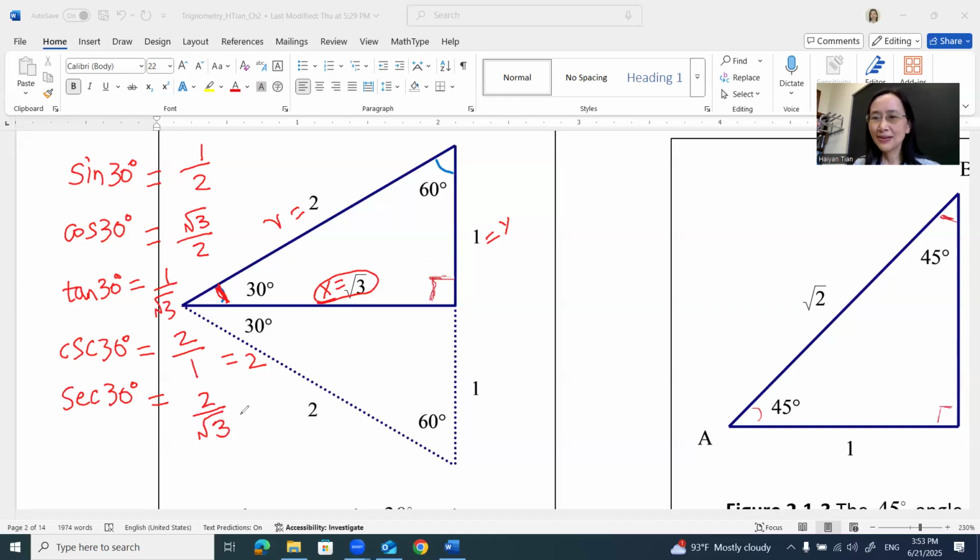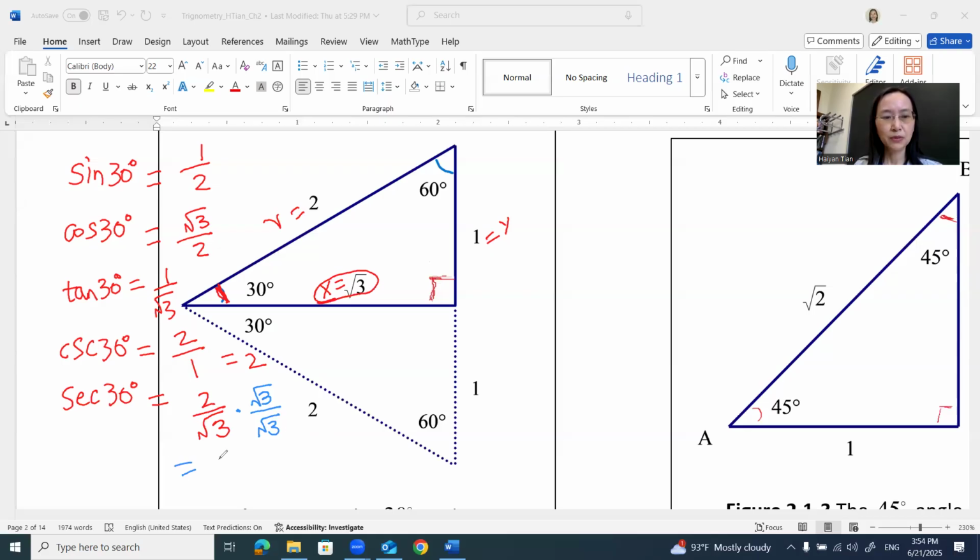So yes, the answer is 2 over square root of 3. If you do not like the irrational number in the denominator, what do we do? We can rationalize the denominator. That is, we multiply the denominator and numerator by square root of 3.